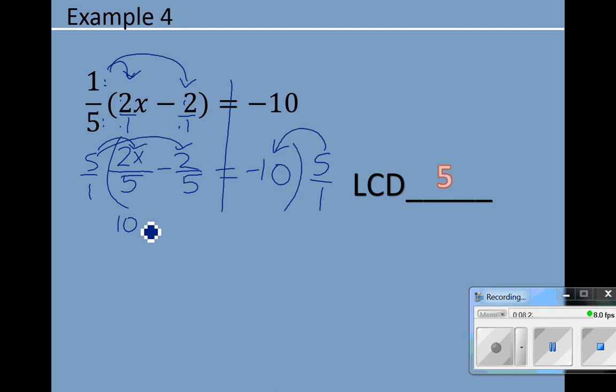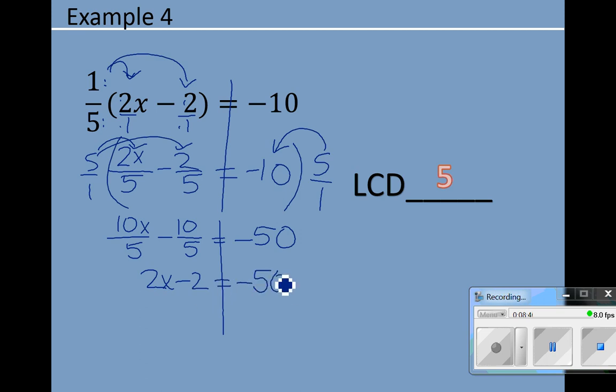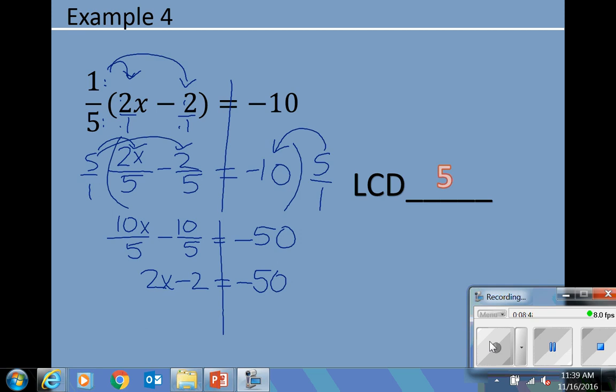So I would get 10x over 5 minus 10 over 5 equals negative 50. 10x over 5 is 2x minus 2 equals negative 50. See if you can solve the rest by yourself.